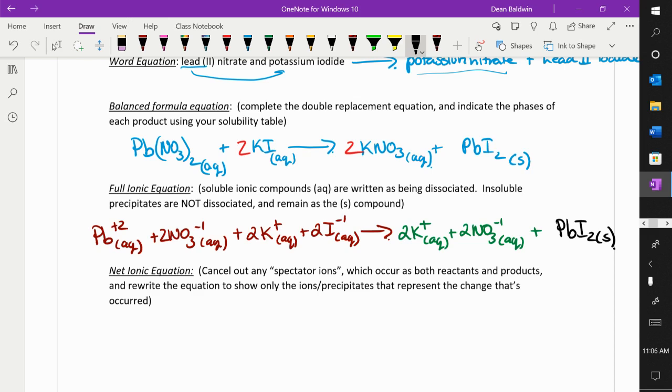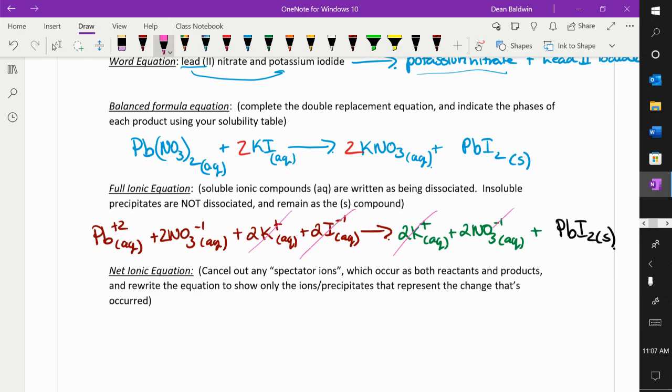Now we're going to write the net ionic. The net ionic is sort of like math. I know that probably scares everybody. But what's on one side and the other, they cancel if you want to think of it that way. This potassium will cancel that.